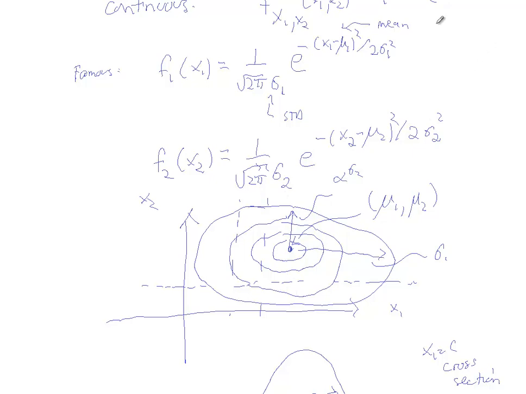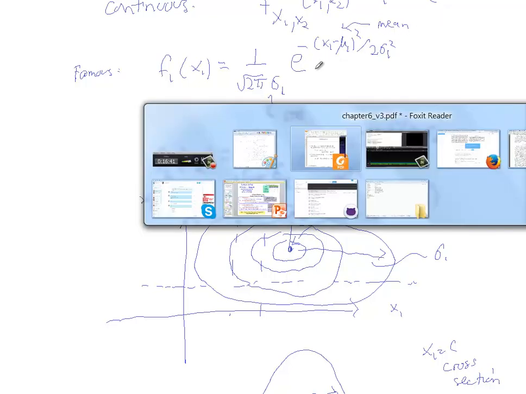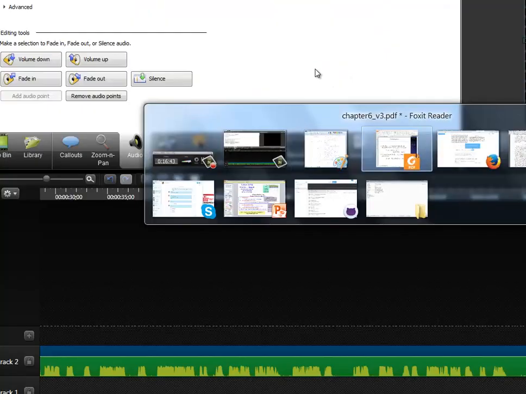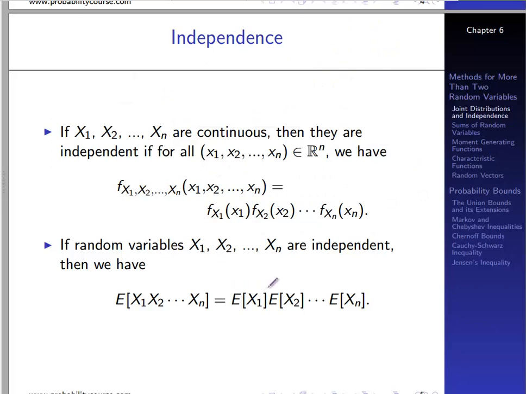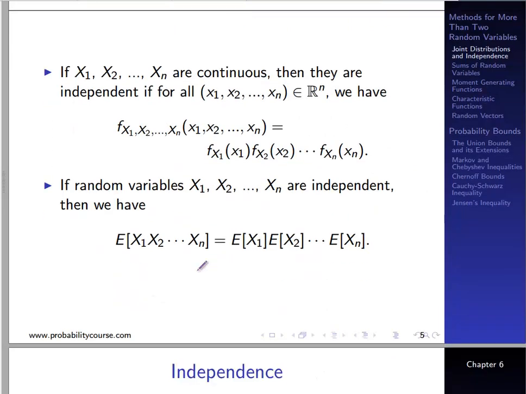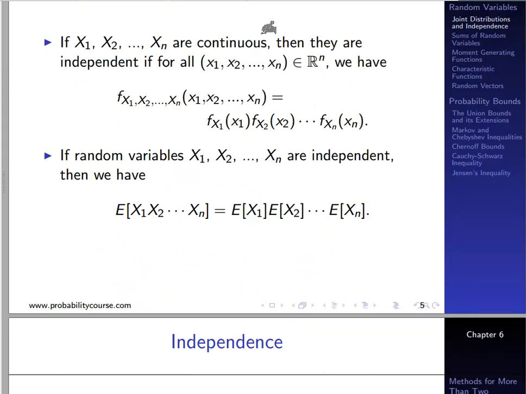Well, the last thing I'm going to do is show you why this expectation formula works. Actually, I can show it on this page here. What is the expectation of x1 through xn? Well, that's going to be the integral of my PDF. I'll use continuous; the proof is similar when the random variables are discrete.